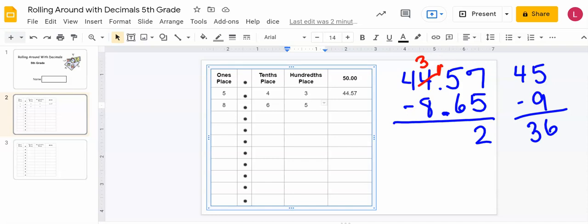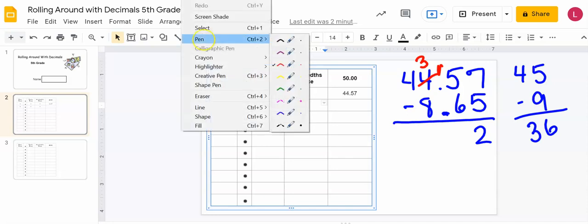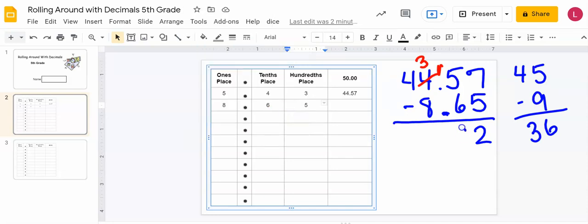So that is, let me change my color back, 9, and I know that because 9 plus 6 is 15. Now I'm going to take 8 ones away from 3 ones, but I need to borrow or rename some 10s into 1s.